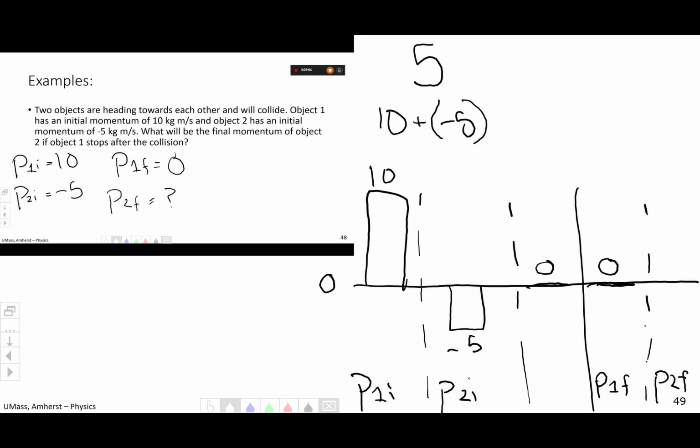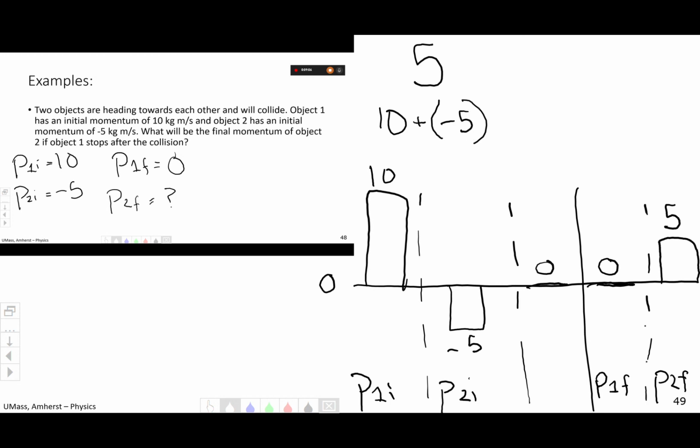So I have in total 5 kilometer per second of momentum on the left-hand side. So if I'm going to balance the right-hand side, that means I need a column with 5 kilometer per second right there. So that is how you would balance that particular momentum bar chart. We have a total of 5 on the left and a total of 5 on the right.